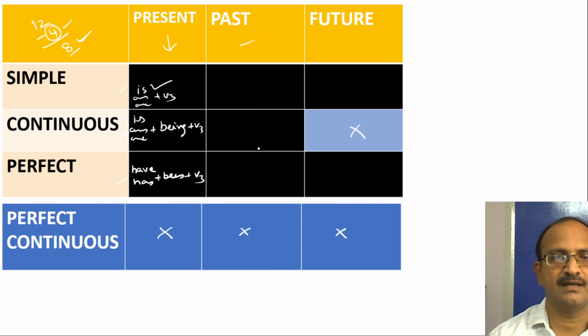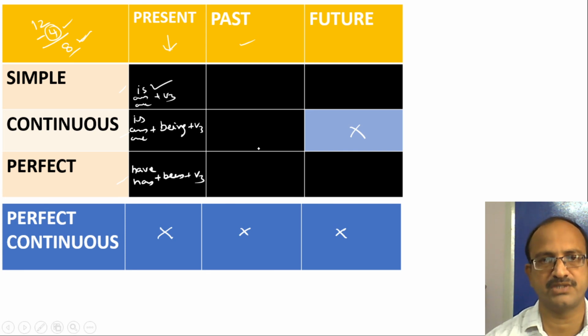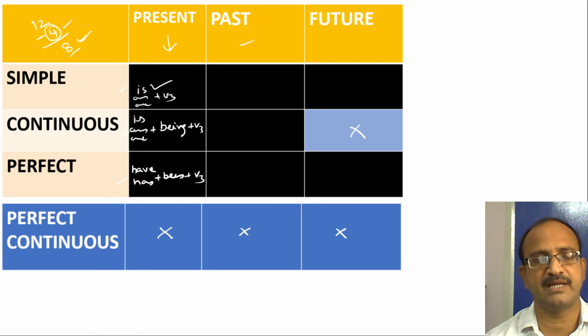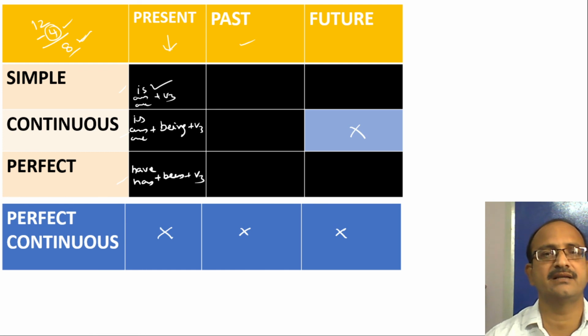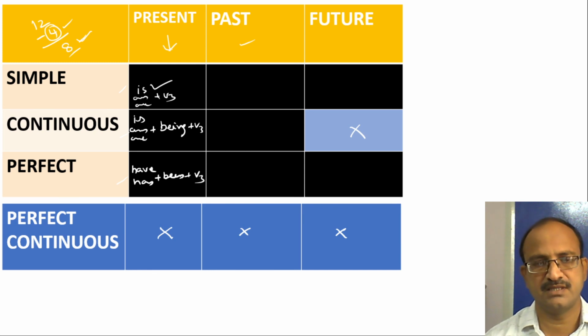Not only that, this is a very basic model. In the next level, I will explain double objects and lengthy sentences, and how we change them from active voice to passive voice. This is only for basics. Okay, thank you.